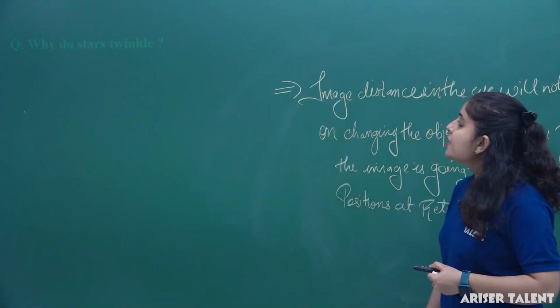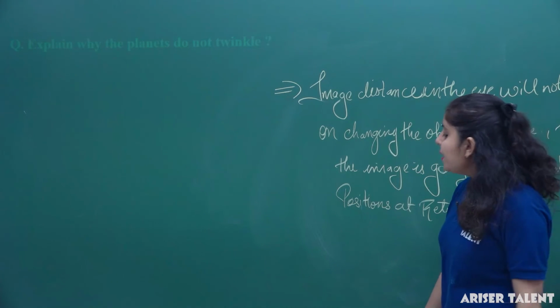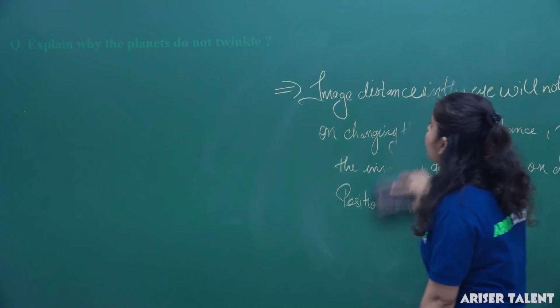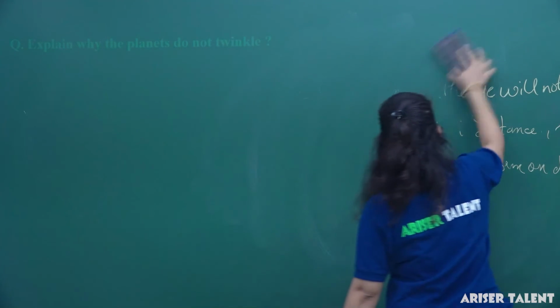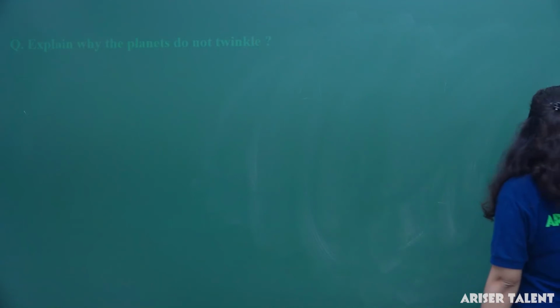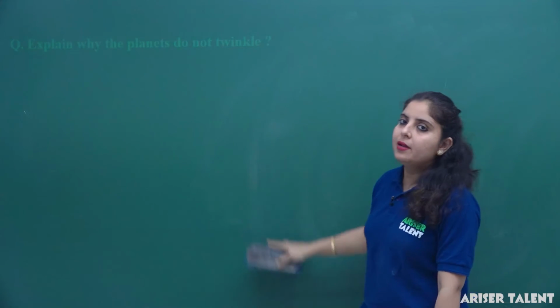Now we are moving to our next problem. Explain why the planets do not twinkle. This is again a very interesting question. Do you ever imagine why the planets do not twinkle?